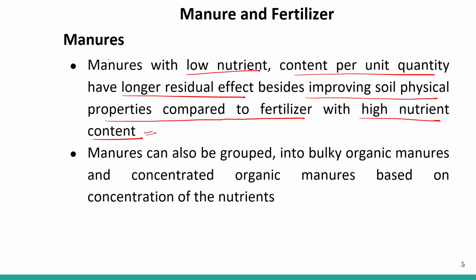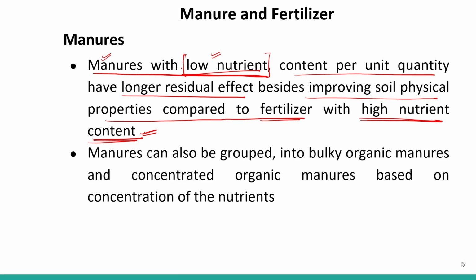This is a very important thing: manures do not have a lot of nutrients, they are low in nutrient content, whereas chemical fertilizers have high nutrient content. But why do we use manure?